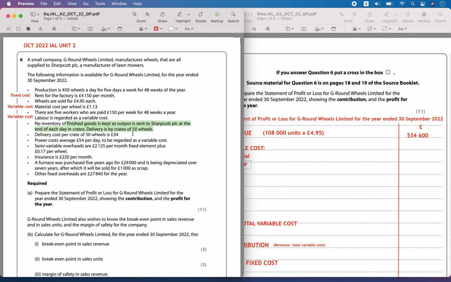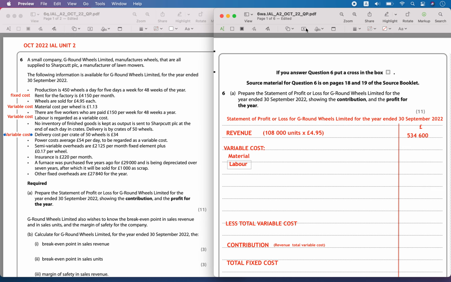Delivery is by crates of 50 wheels, and the delivery cost per crate of 50 wheels is 34 pounds. So here there is a delivery cost dependent on the quantity, so it is a variable cost.